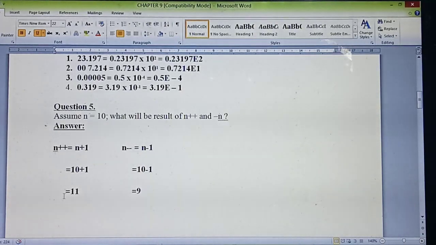Then down you write, don't write the same thing. Then after completing 11 you write n minus minus, which means n minus 1. Not n minus minus minus n. Write first.